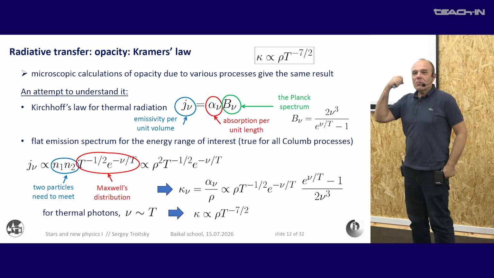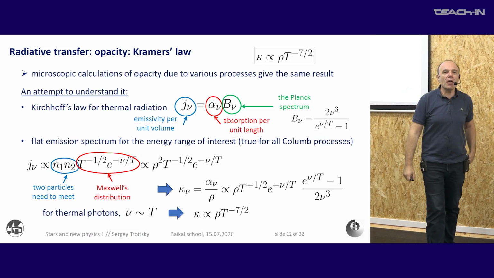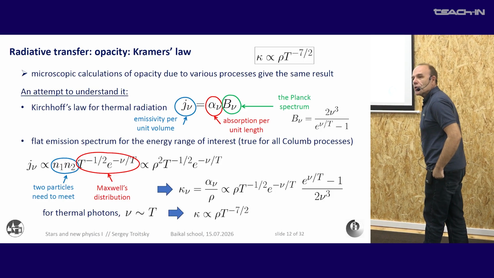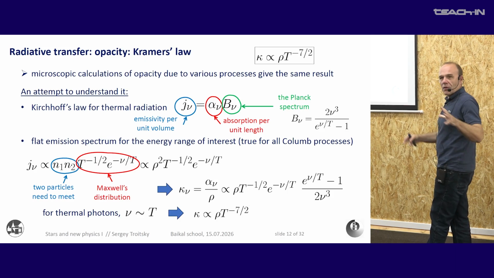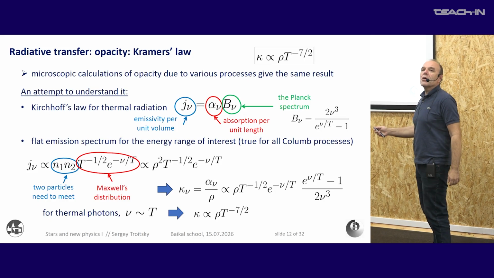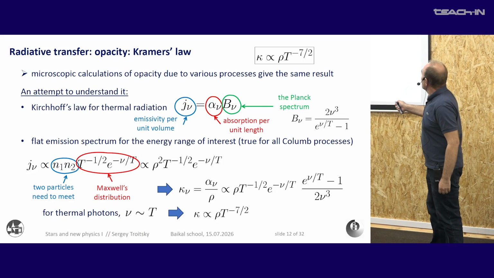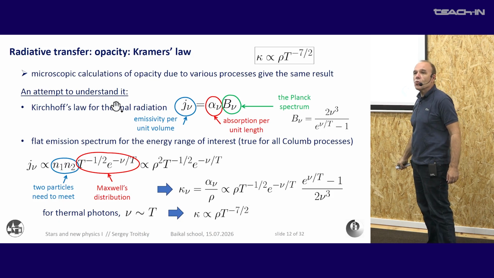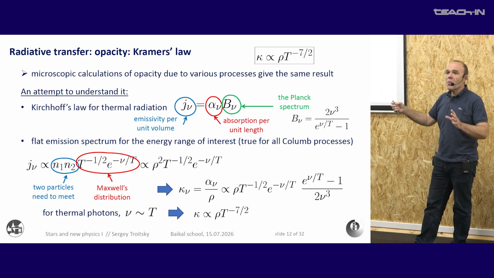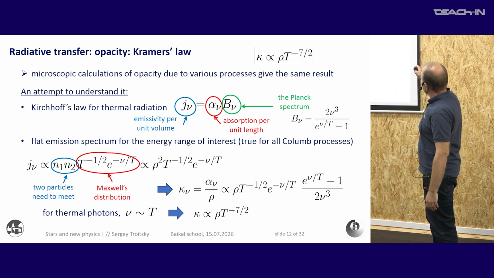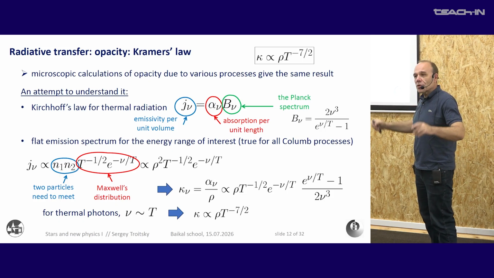Once upon a time, I found it a good idea to calculate microscopic opacity for some processes in the sun, starting from Feynman diagrams. And I calculated it and obtained the textbook dependence of opacity on density and temperature written here and called Kramers' law. And in textbooks, you normally see that, okay, come on, this is a law which works for many, many processes.